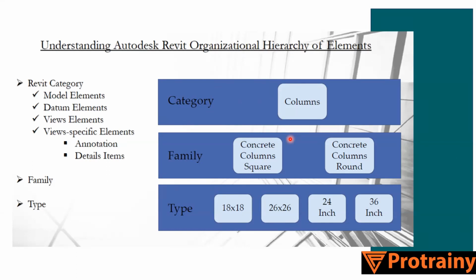So you don't need to create every column by creating dimensions and then setting the material. That whole work you don't need to do, because it is already there in the library in the software. You directly choose your column and the type you require.